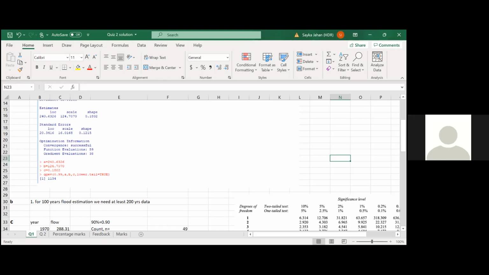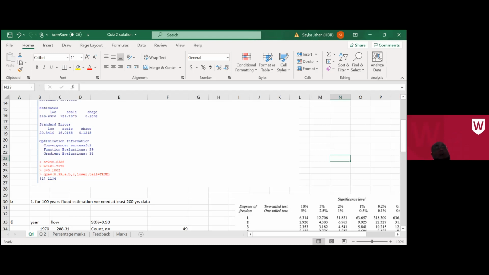One, of course, is the record length, the limited record length we have here. We are estimating, say, a 100-year flood, but our data length is not that much. So there will be sampling uncertainty. Then there will be uncertainty in parameter estimation, particularly in the estimation of the shape parameter, because the shape parameter has a lot of uncertainty in it. So that will affect your estimation as well. That is number 2.